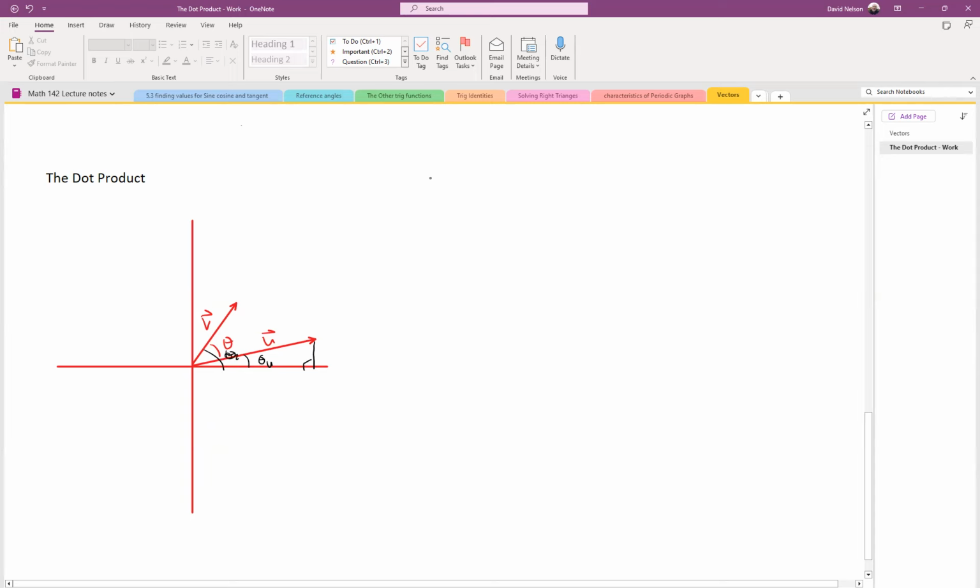So you've got these two angles. So I know that if I want u dotted with v, I'm going to do the magnitude of u times the magnitude of v times the cosine of theta. And we can go ahead and find theta by subtracting the two angles. But there's actually a little bit easier way to do this.